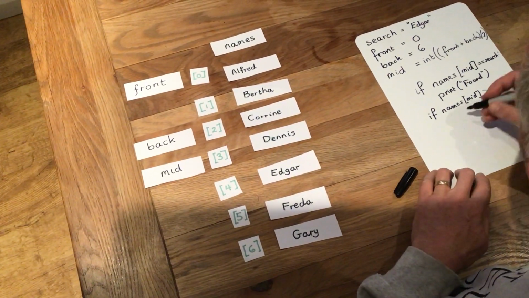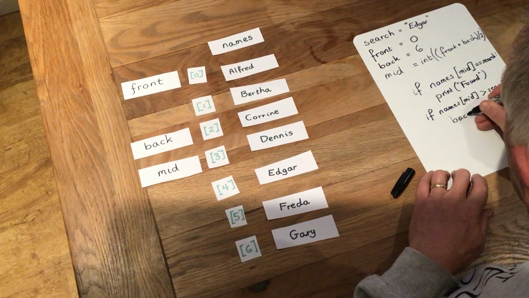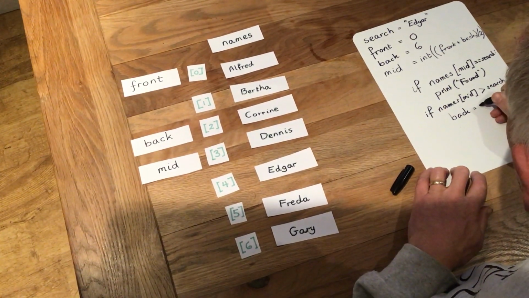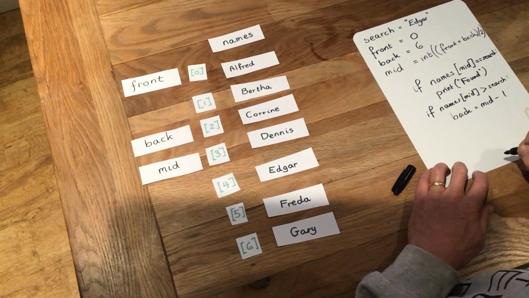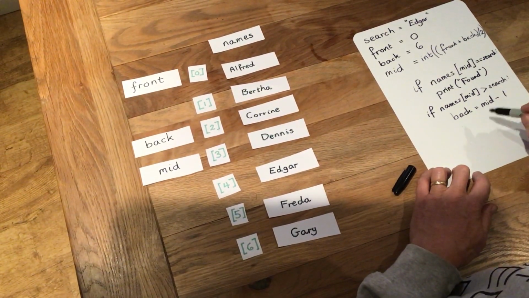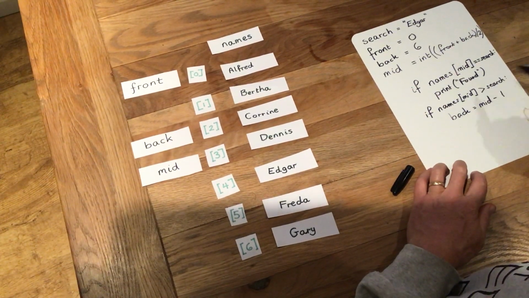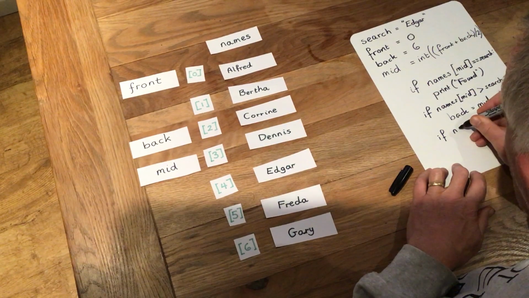So if names mid is bigger than search, then we will make back equal mid minus 1. So we've got what happens if it's equal to, we've got what happens if it's more than. Let's see what happens if it's less than.